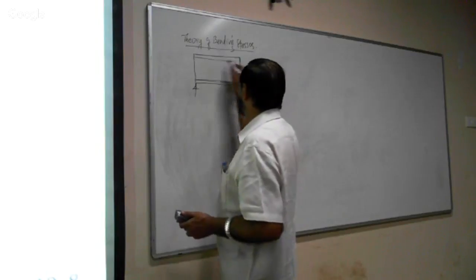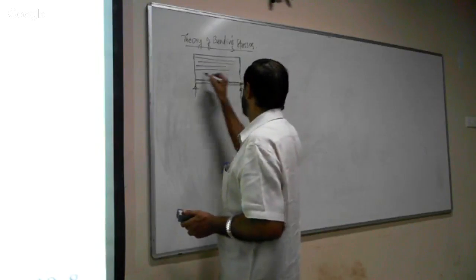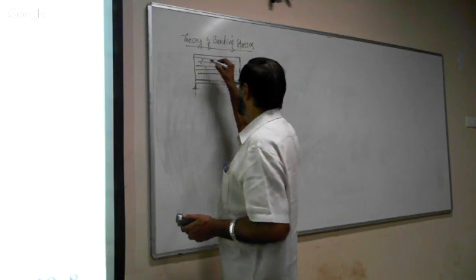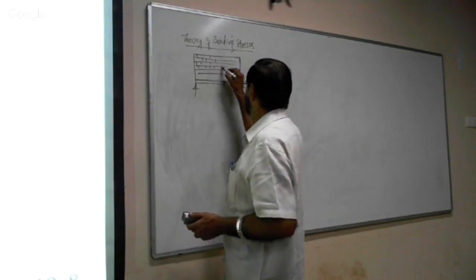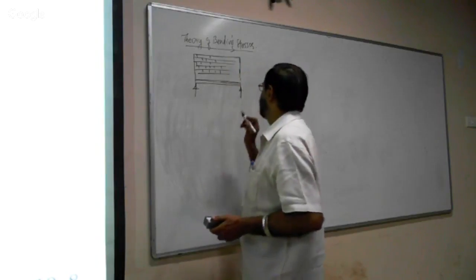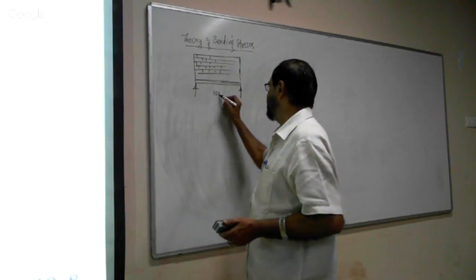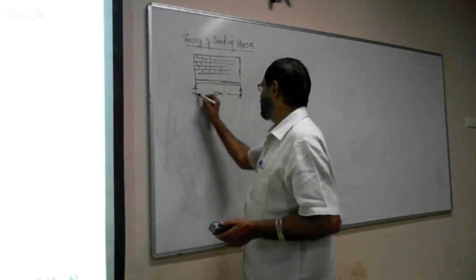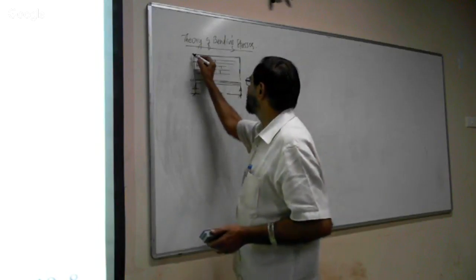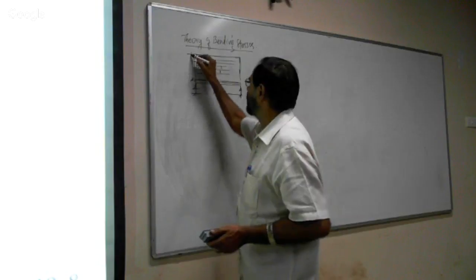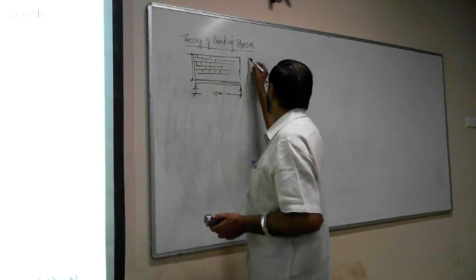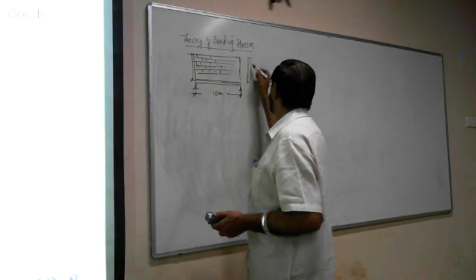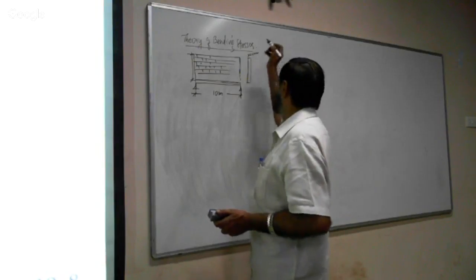So this is the brick wall loaded on the beam, a 10 meter span beam, loaded with a 4 meter height of wall.